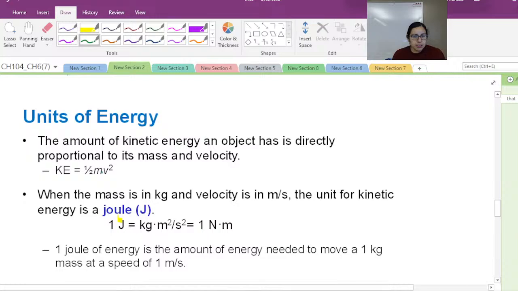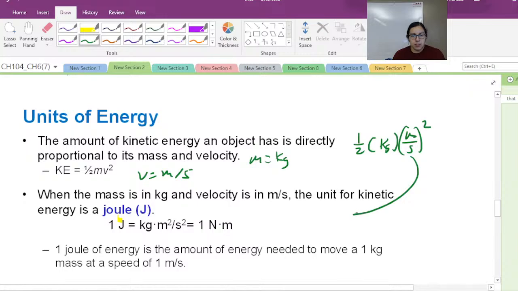In physics, mass is always given in kilograms, and v is velocity, so that's meters per second. Now we can plug this in, so 1/2 kilogram meters over second squared, which gives us kilograms meters squared over second squared, which is equal to a joule or a Newton meter.